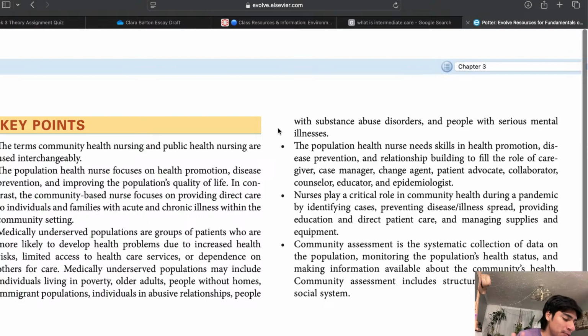So Healthy People 2030, again, they are working to identify health indicators. Their top 5 domains for health determinants are economic stability, education access and quality, healthcare access and quality, neighborhood and built environment, and the social and community context.